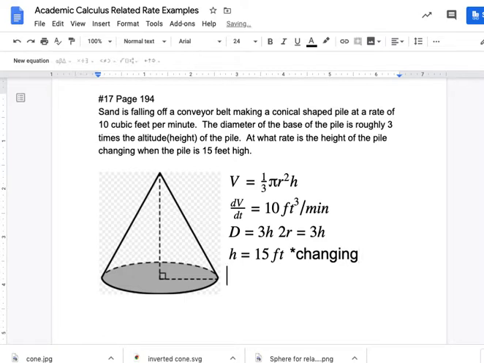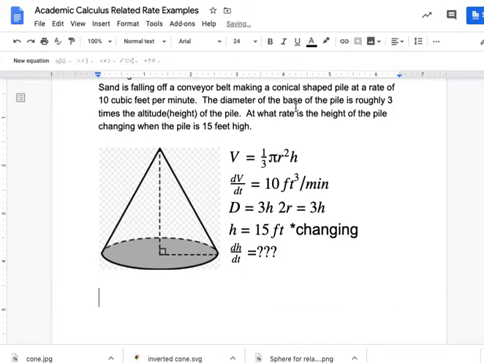And the last thing I want to note here is, what are we being asked to find? At what rate is the height of the pile changing? That tells me that we are looking to solve for dh/dt. dh/dt is what we're looking to find.